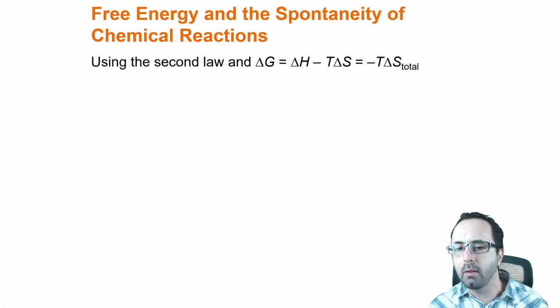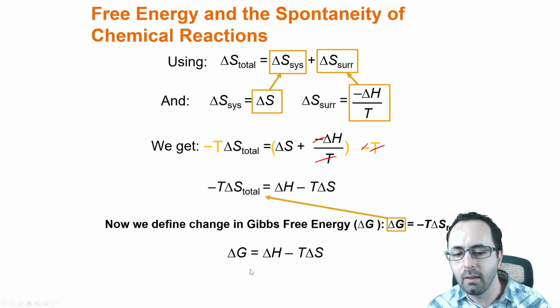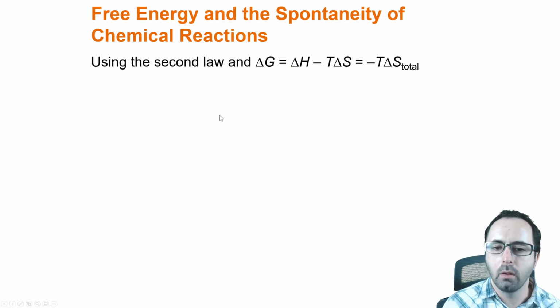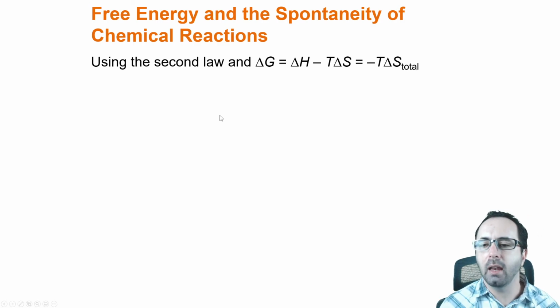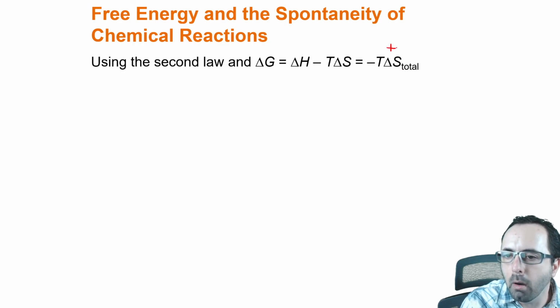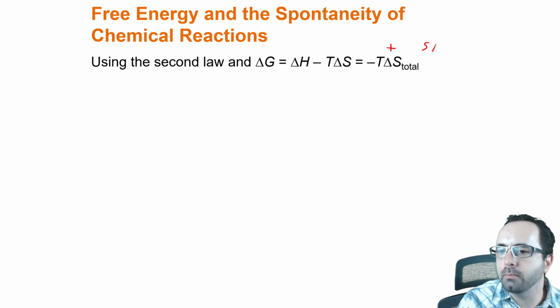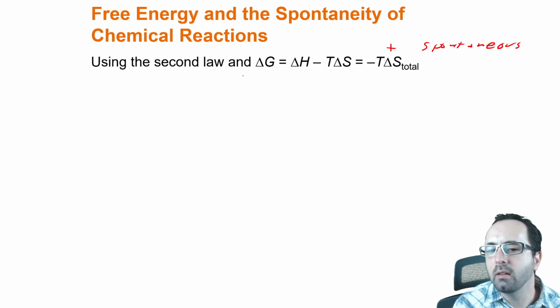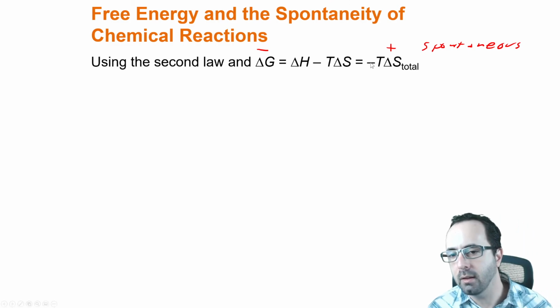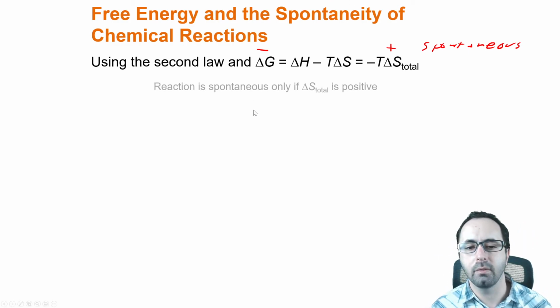So we've gotten this result now. Minus T delta S, we're going to call that delta G, and that is equal to delta H of the system minus T times delta S of the system. So we know that in order for a reaction to be spontaneous, delta S total must be positive. And so if delta G is minus T delta S, that means for a spontaneous reaction, delta G would need to be negative, because a negative times a positive is a negative.